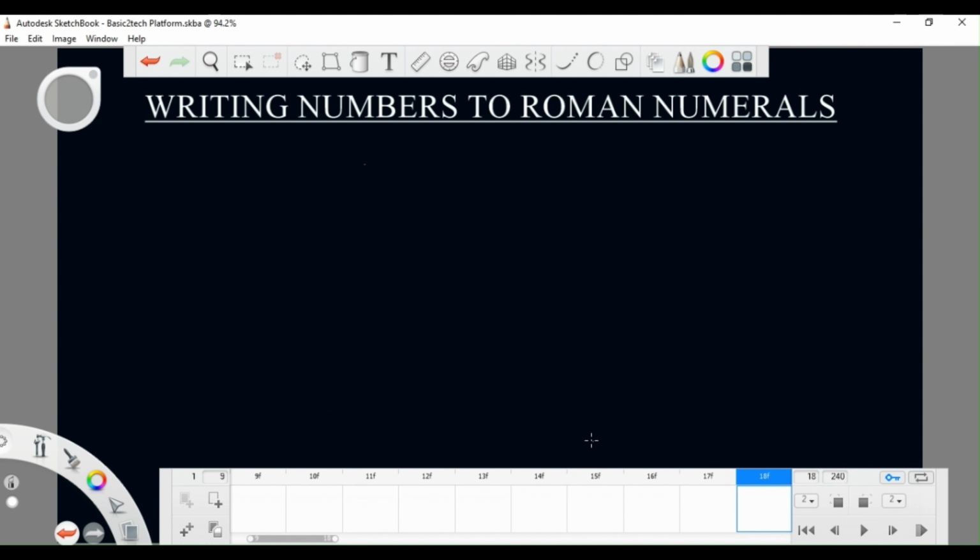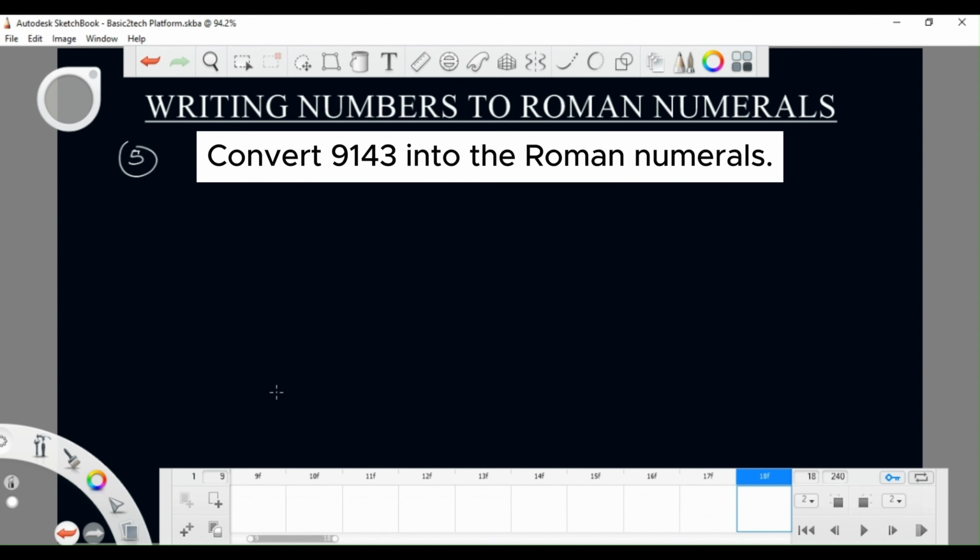Let's take one more. Number 5. We're asked to convert 9143 into Roman numerals. So we split into thousands, hundreds, tens, and units. The last digit is units. The next is tens. The next is hundreds, and the last is thousands.